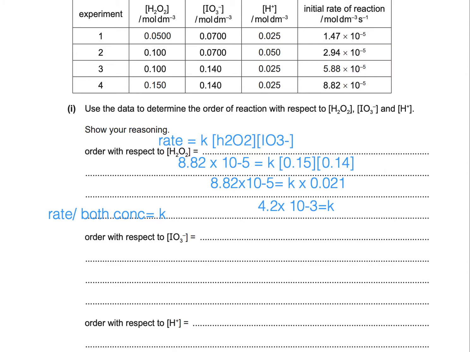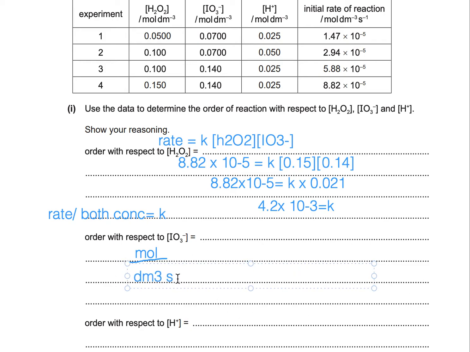Now let me write it down. So we have mole, and we draw a line over here, and then we write dm cube, because it says per dm cube and per second, so it should be divided.